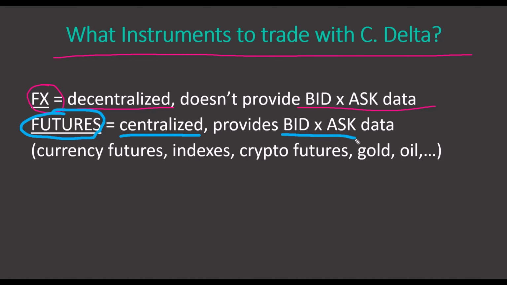So you can use it for all kinds of futures. Could be currency futures, could be indexes, crypto futures, gold, oil, anything you can find. But unfortunately for forex, this doesn't work because forex simply doesn't provide you with bid and ask data, which are crucial for cumulative delta.